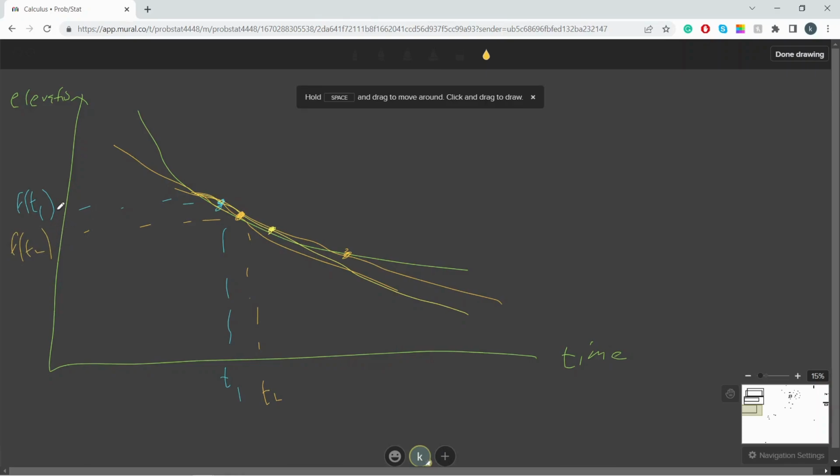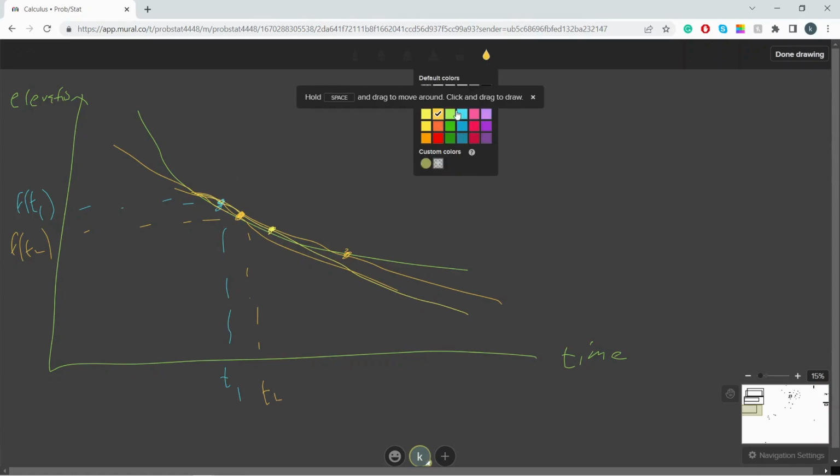This f of t2 value is getting really, really close to f of t1, and this t2 is getting really, really close to t1. And the closer we make t2 to t1, the closer our second point is going to be next to our first point. And now we can take a rate of change because we have 2 points, and the 2 points are really close to each other. And that will give us the instantaneous rate of change at t1 for the elevation.